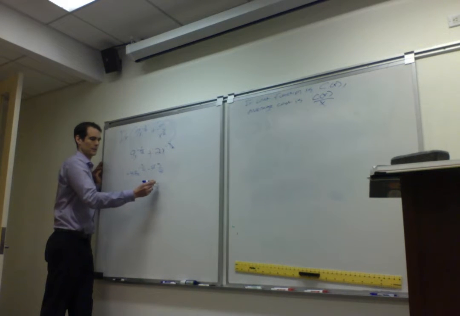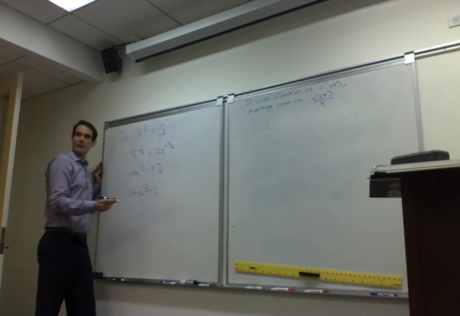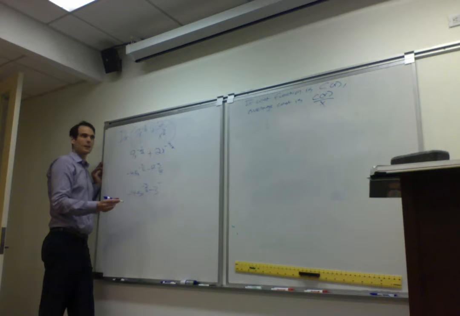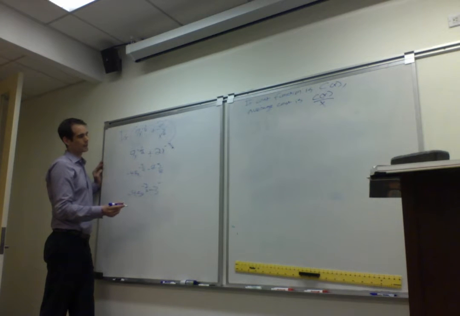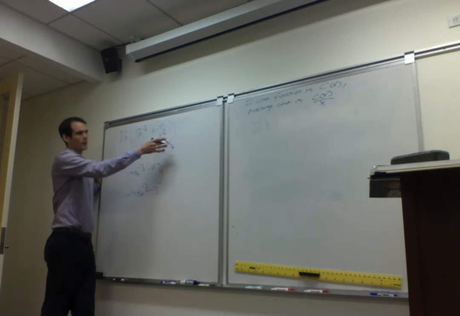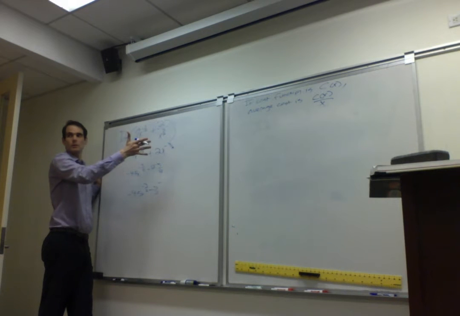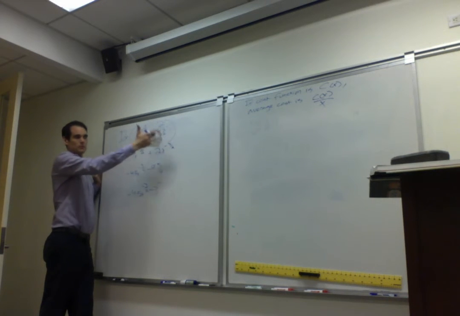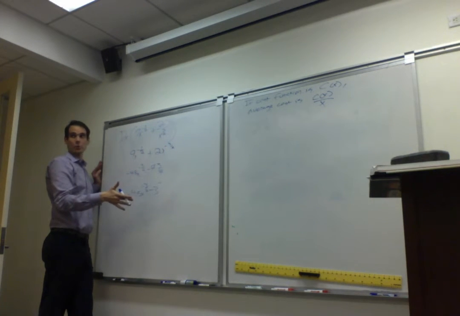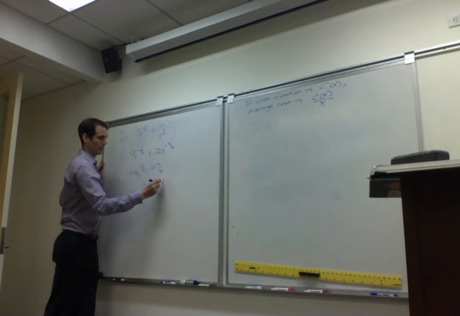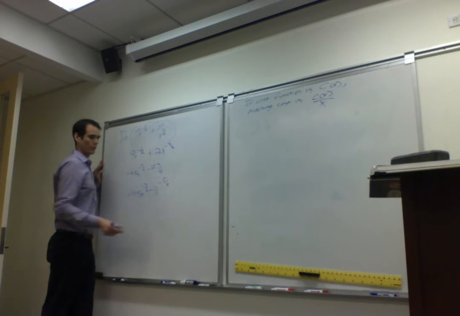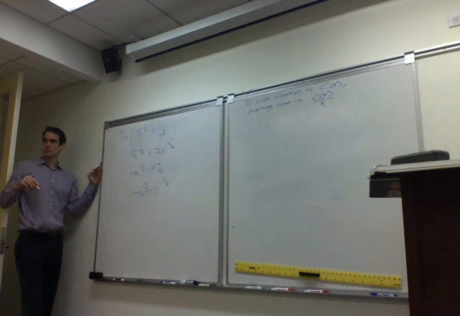It's negative 3/2 minus 1, so it would be negative 5/2 or negative 2.5. Okay, right? Negative 5/2 or negative 2.5. Make sense? Yeah.